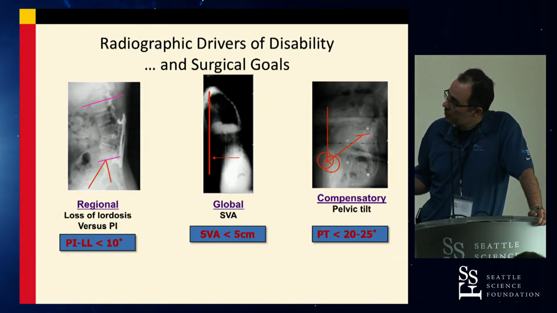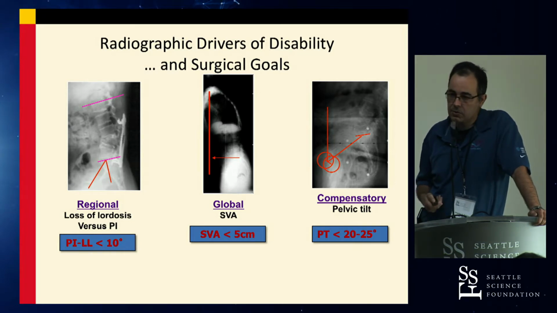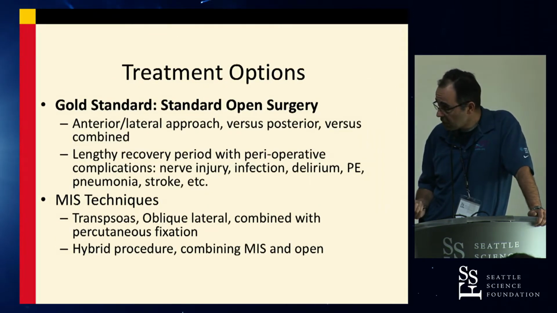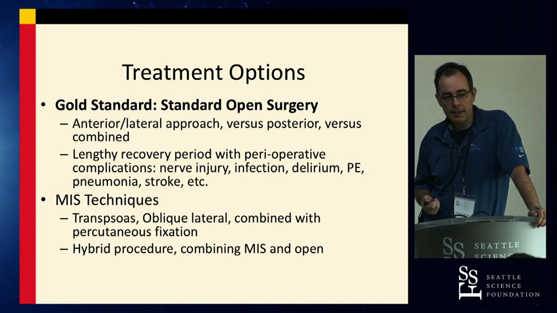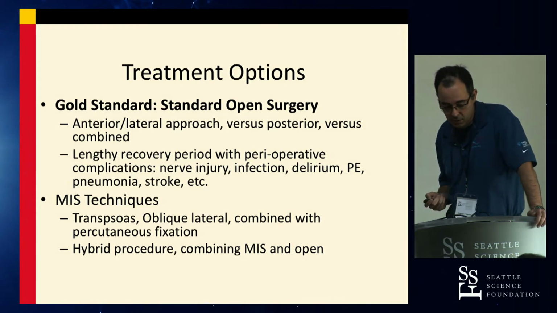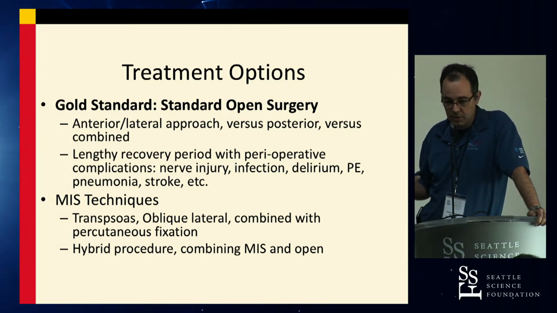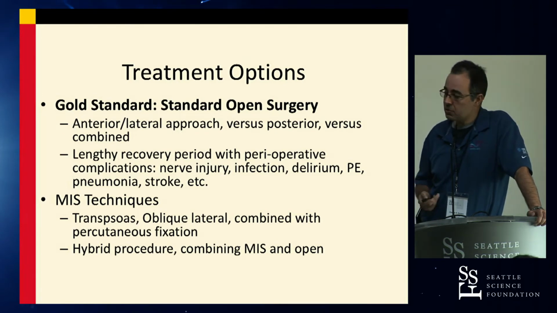So we're all familiar with the radiographic drivers of disability and the surgical goals. Again, to reiterate, X-rays are the only way that you're really going to get this information. There are a variety of treatment options for deformity, and a lot of the treatment depends on what your experience has been with other patients. We all have anecdotal experiences that influence us, and we see something that worked well for one patient, and we are more likely to try that in the subsequent patient.